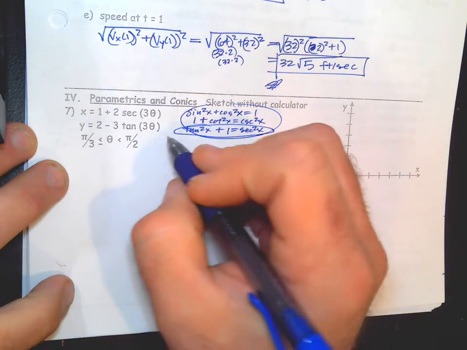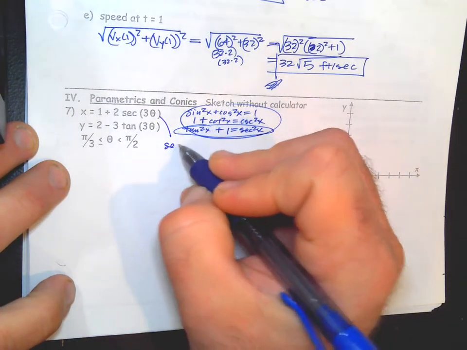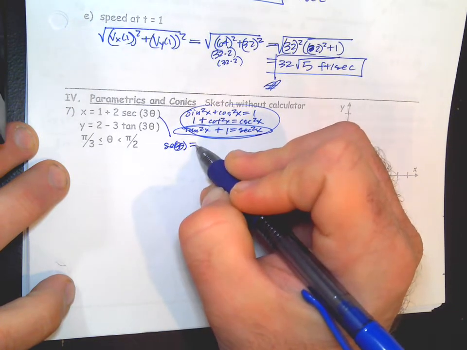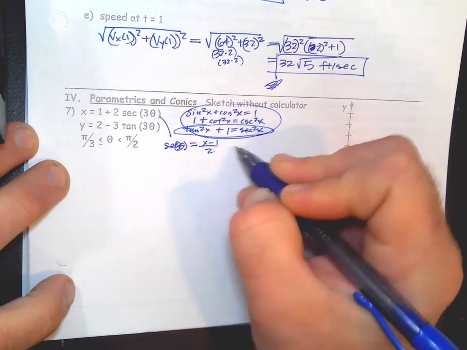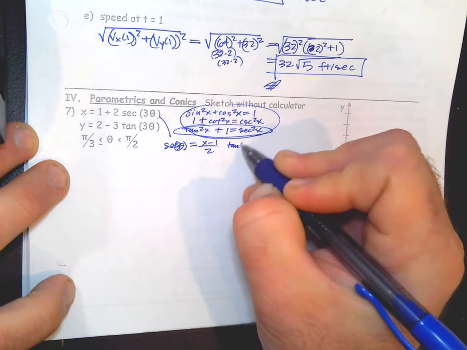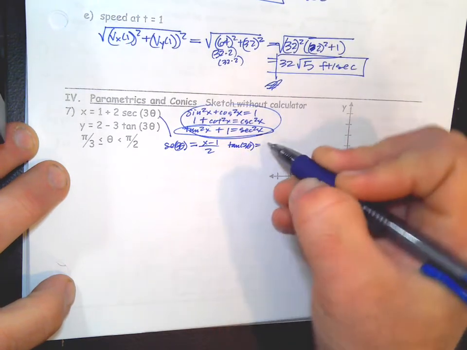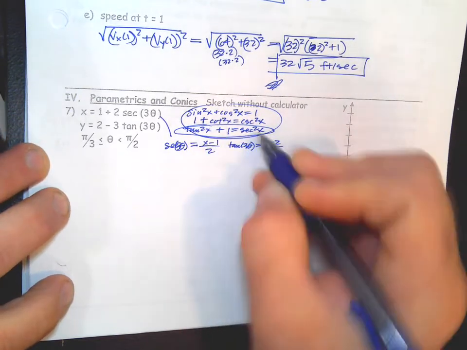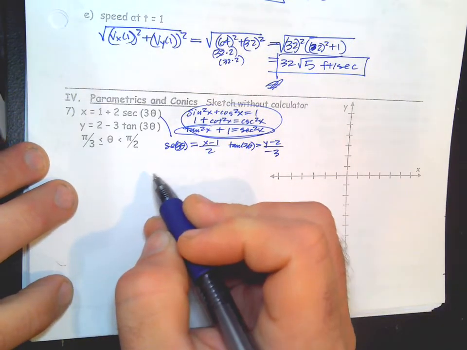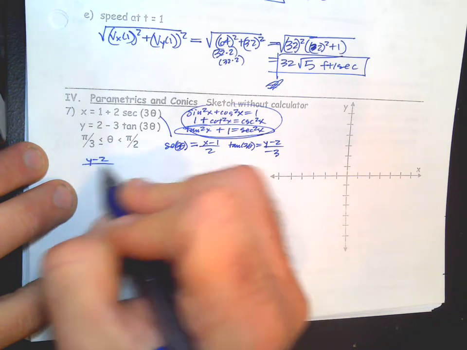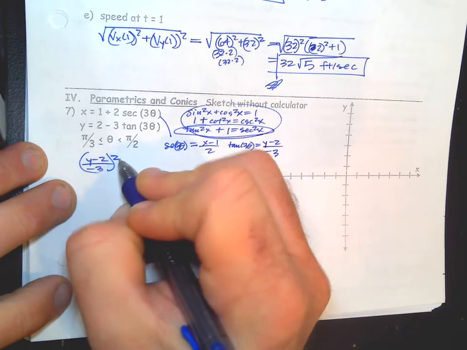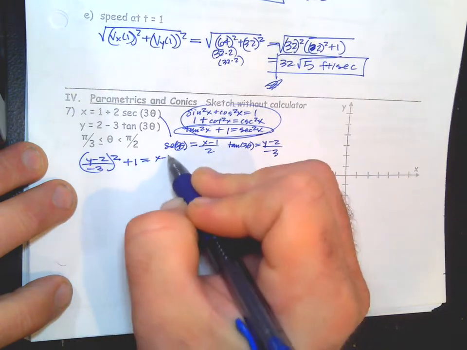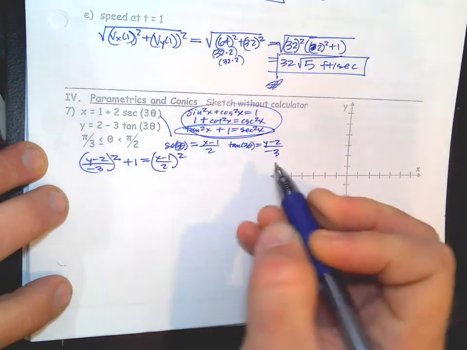So let's see here, secant 3 theta equals x minus 1 over 2, and tangent 3 theta equals y minus 2 over negative 3. So we're going to square those and plug those in. I'm going to get y minus 2 over negative 3 all squared plus 1 equals x minus 1 over 2 all squared.